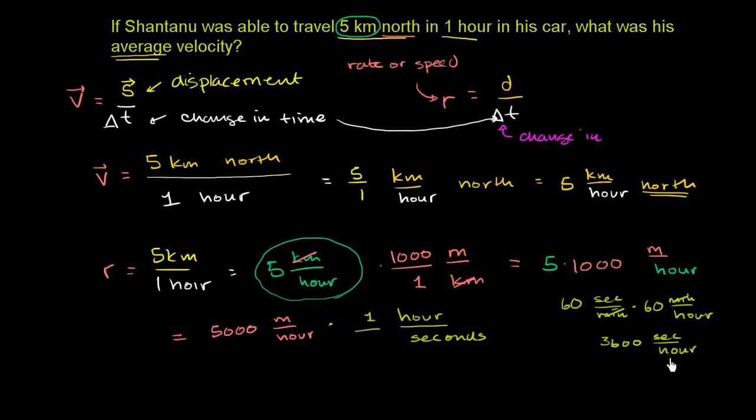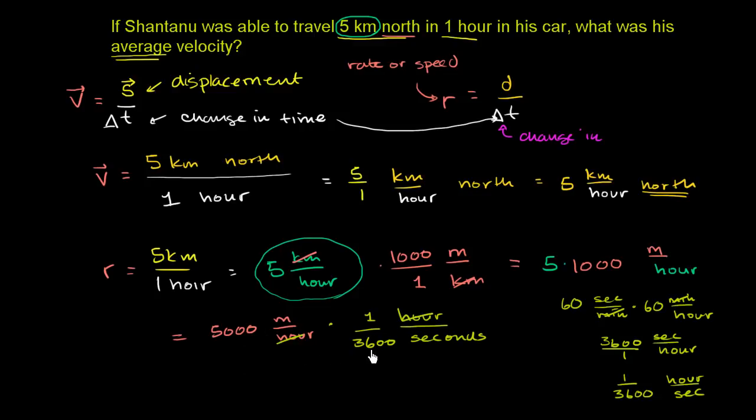3,600 seconds per hour. Or you could say this is 3,600 seconds for every 1 hour. Or if you flip them, you would get 1 over 3,600 hours per second, depending how you want to do it. So 1 hour is the same thing as 3,600 seconds. And so now this hour cancels out with that hour.